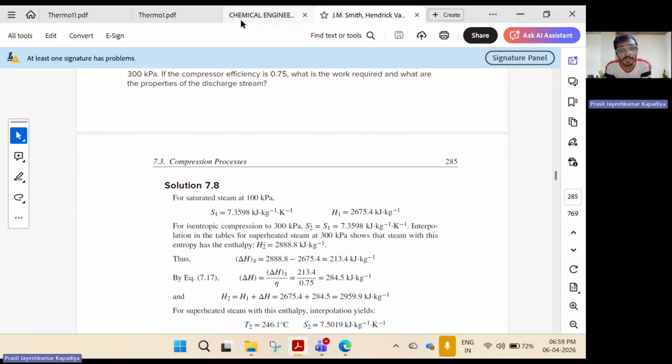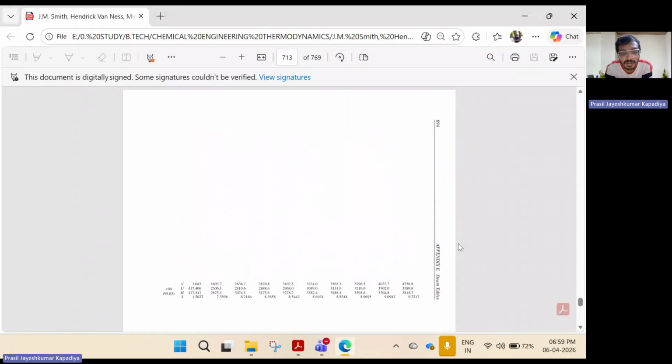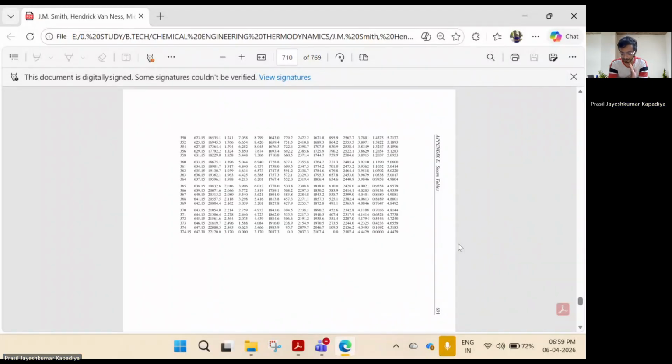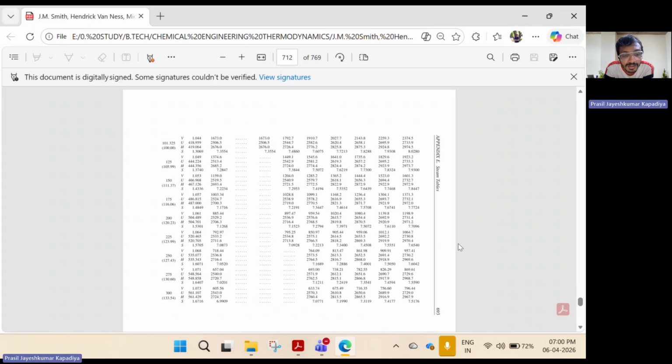So we need to have a look at the superheated steam table. Sorry, it is loading. It is taking very long. So we are at 300 kilopascal.